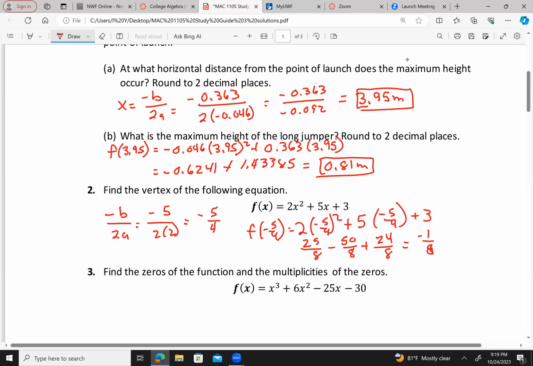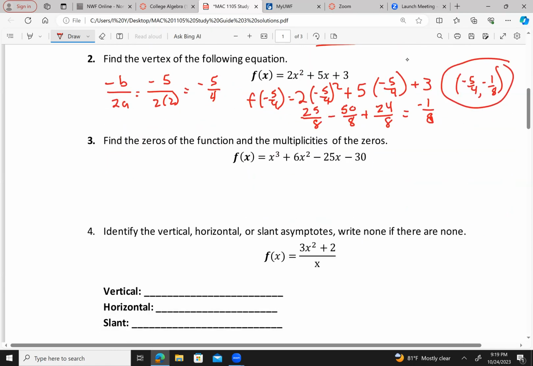So our point is negative 5/4, negative 1/8. That is our vertex.